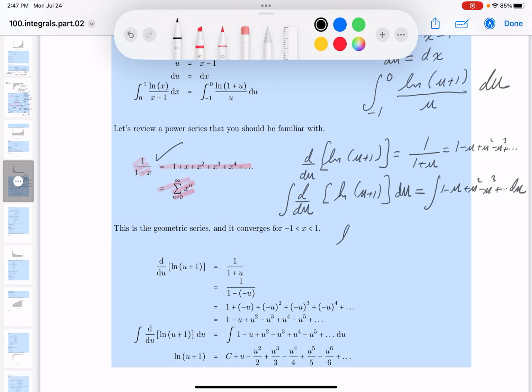What do you get? Natural log of u plus 1. Now, you can put the constant on either side. I'm going to put it on the right side because it's easier for me.